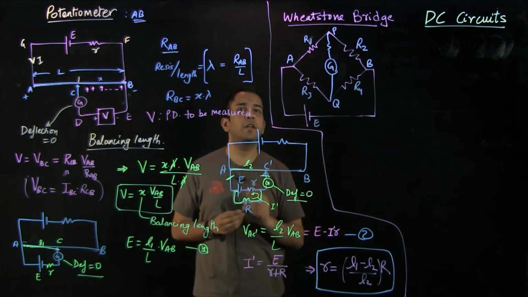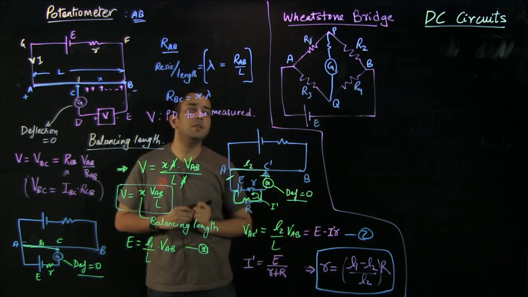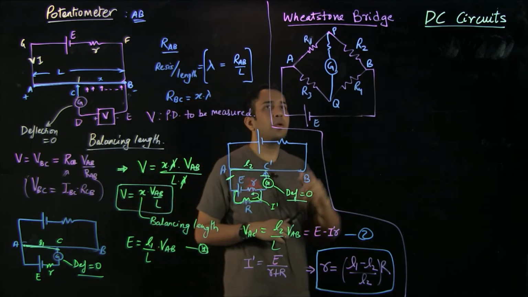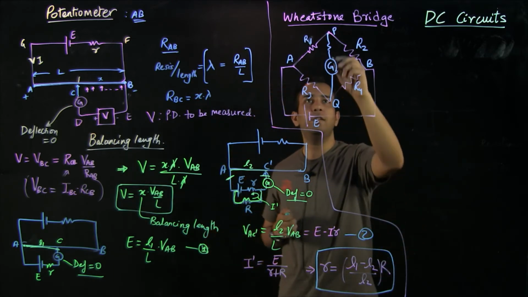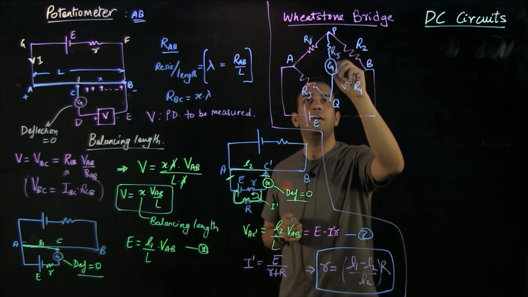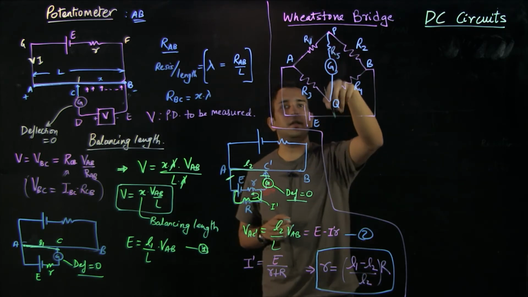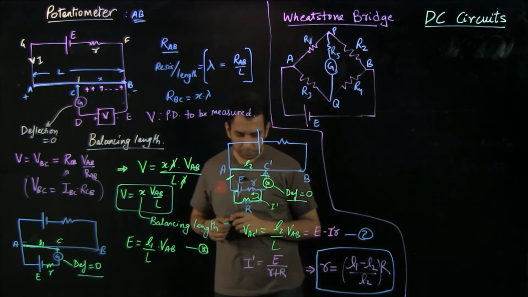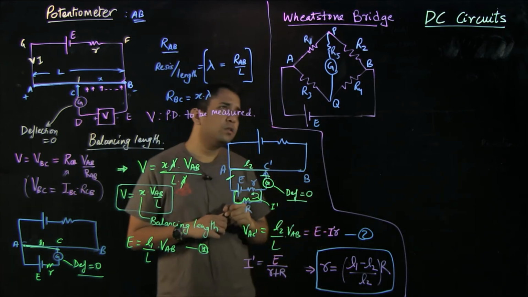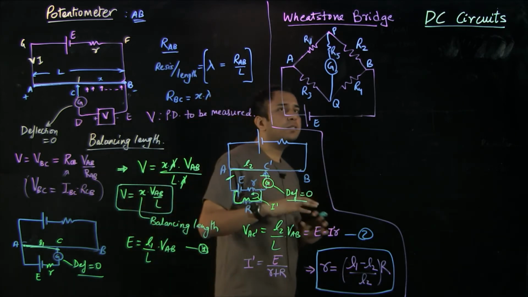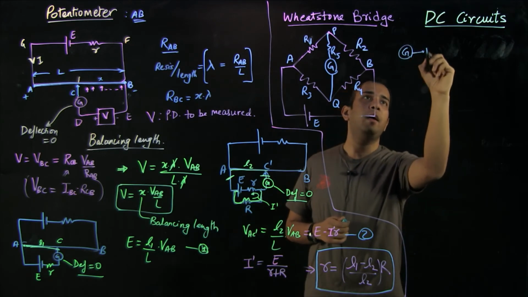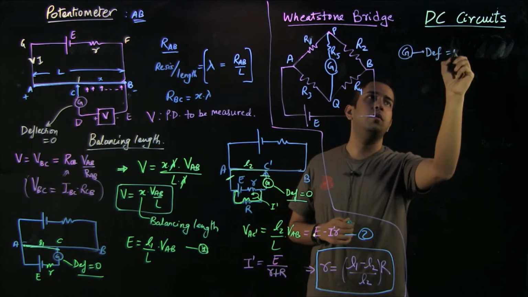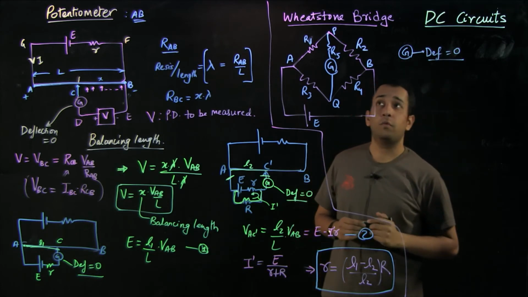So this configuration is known as the Wheatstone bridge. Bridge because there are 4 resistances in it, and there is a fifth resistance and a galvanometer which is present in the diagonal branch PQ. So we have chosen the resistances in such a way that the galvanometer has a deflection of 0. So what does it mean?